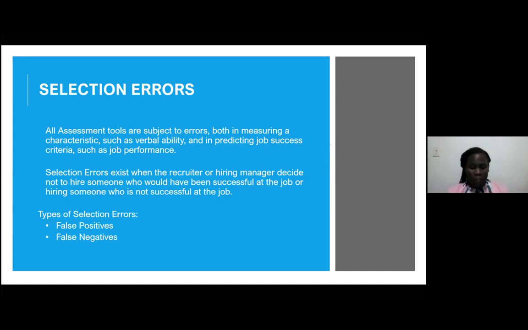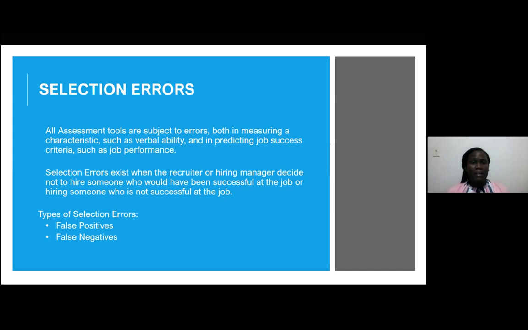When we speak about false negatives, we're looking at underestimating a candidate in an interview as being a weak performer, but really and truly, when you think about it, this person would be a good hire. So HR practitioners have to recognize that this is something that exists. So for example, if you're interviewing someone as a chief information technology officer in your organization, and perhaps the person might not have done so well, you may assume that the person may not be able to perform, and you may decline to provide feedback to the candidate.